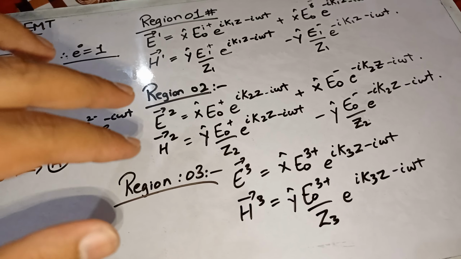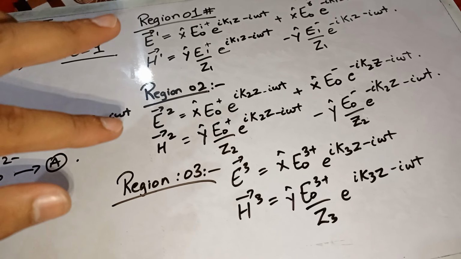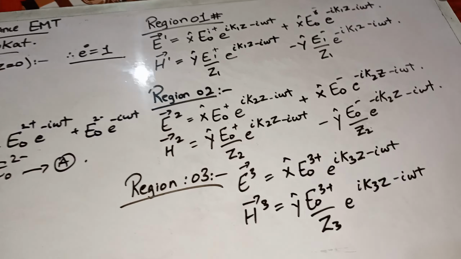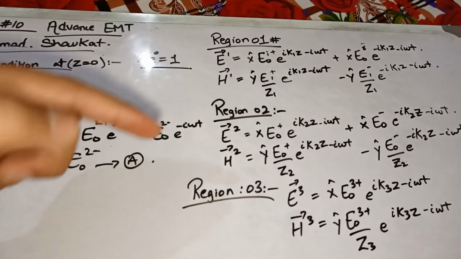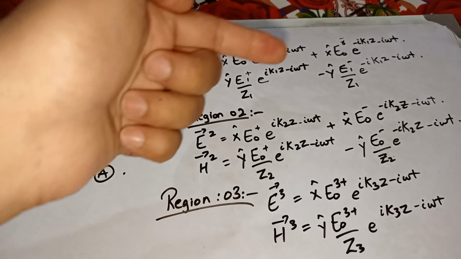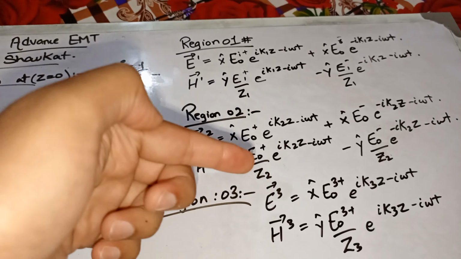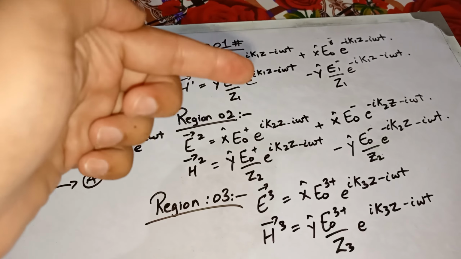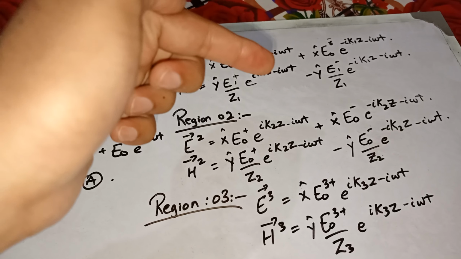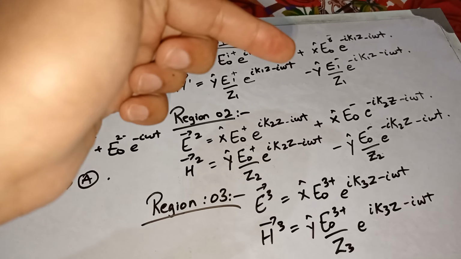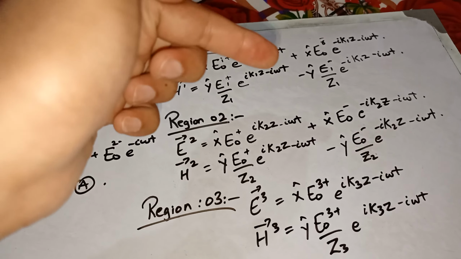Because the tangential components are equal, you have to equate H1 and H2. After doing this, you can see the y direction is common, so you take it common and cancel it. Again e power z, when z is 0, is e power 0, and with minus iota omega t, you will only be left with e power minus iota omega t.